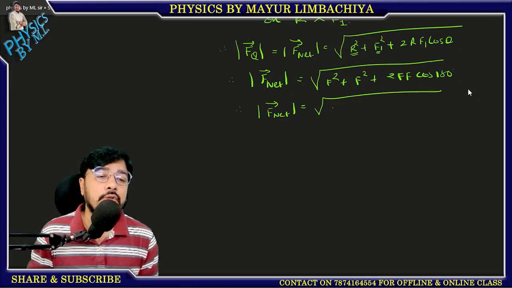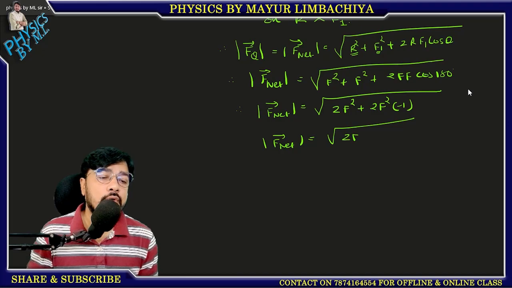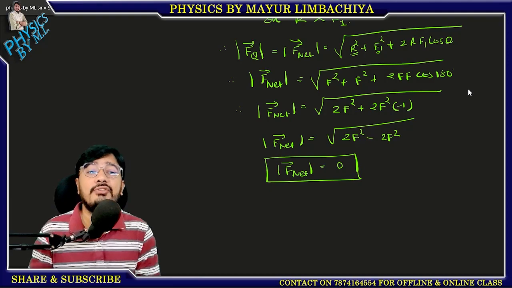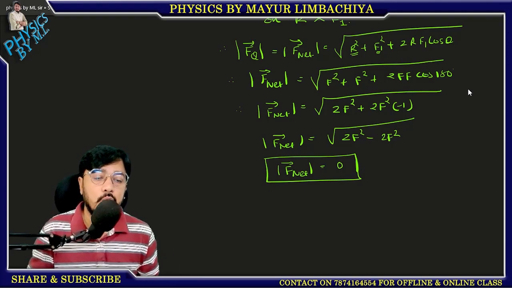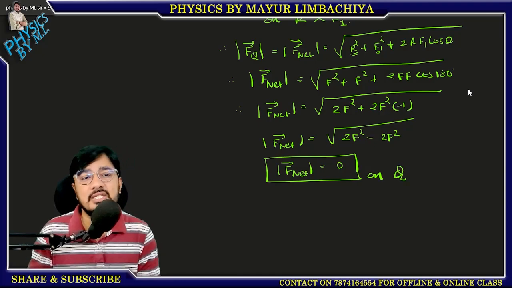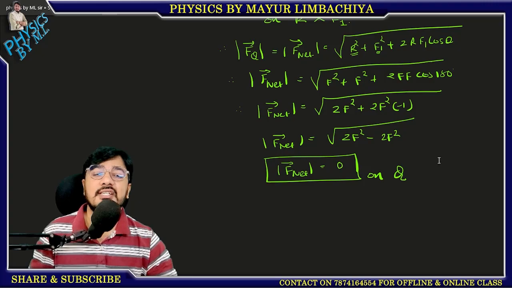So under root of 2f square minus 2f square, which is 0. So, dear students, the total force on capital Q will be 0. This is the answer of this example.